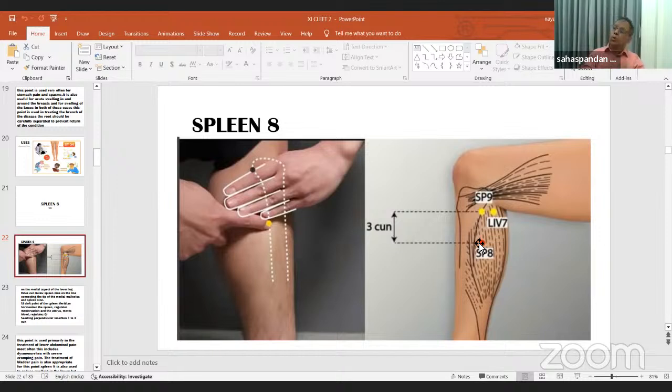If blood moves, then chi can also be regulated because chi and blood flow together. Needle perpendicularly, with insertion of 1 to 2 chun.